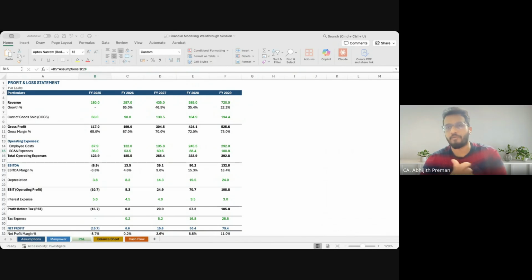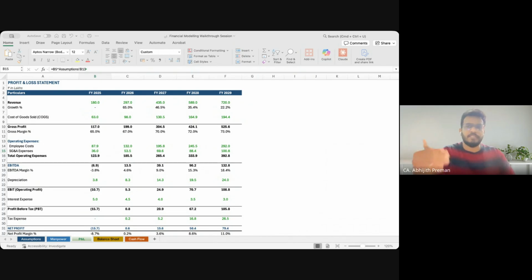Even for selling, general and administrative expenses, we try to identify what their selling means and how they are going to do the marketing. If we spend 1 lakh on digital marketing every day, how many extra leads are we going to get, what is the conversion percentage, and what is the average revenue? All these assumptions we'll have to take, so we'll have to make it more complex to make it more realistic.